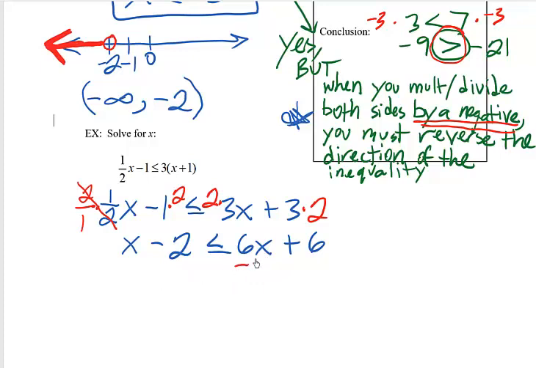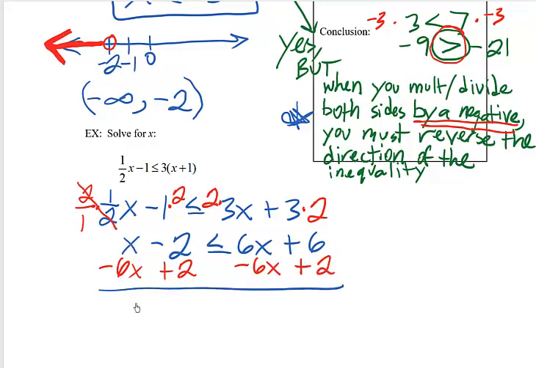So I think you will have more success if you always keep your x's on the left, which of course means I'll have to move this 2 over to the right. And then let's see what that gives me. So I've got negative 5x here, and on the right side I've got 8. So we're almost done. Obviously divide both sides by negative 5, and I'm all finished.